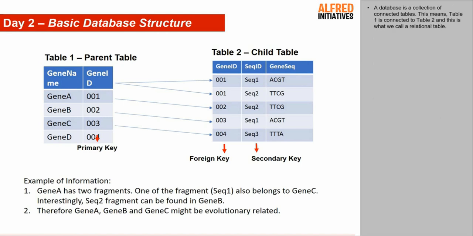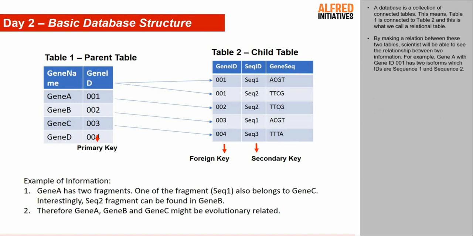This means table 1 is connected to table 2, and this is what we call a relational table. By making a relation between these two tables, scientists will be able to see the relationship between two pieces of information. For example, gene A with gene ID 001 has two isoforms, whose IDs are sequence 1 and sequence 2.